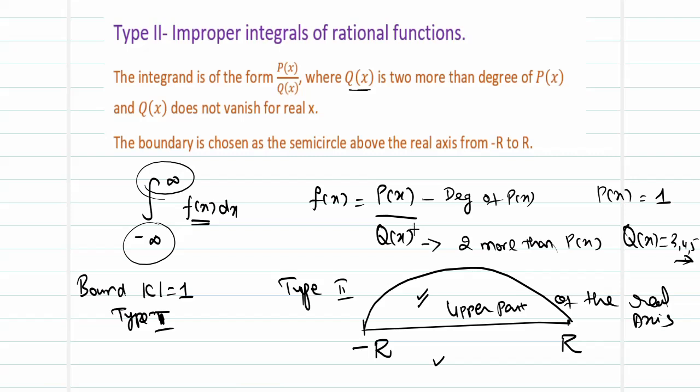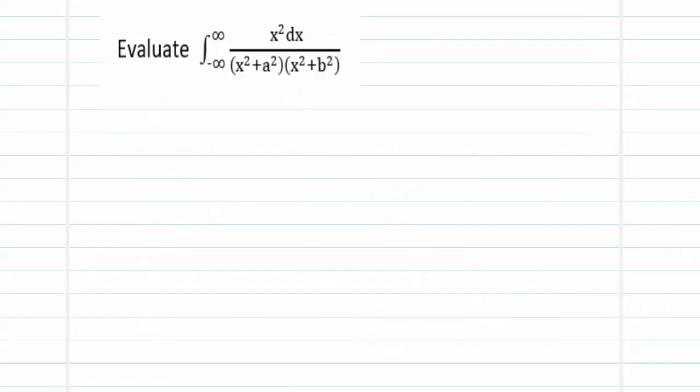So keeping in mind the 2 points, p of x and q of x are going to be functions such that q has a degree 2 more than that of p of x, and the validity of the residue is guaranteed for the poles that lie in the upper half of the real axis, in the semicircular portion that varies between minus r to r.